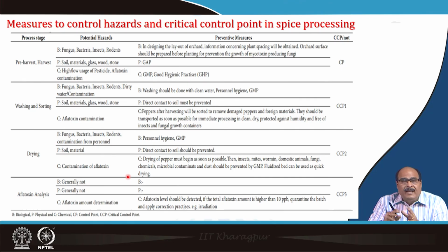Personal hygiene should be maintained by the people involved in drying. Good manufacturing and good drying practices should be followed, and the drying, particularly for pepper, should be done as soon as possible using all the necessary protocols. So these are the various CCPs described in detail in these tables.